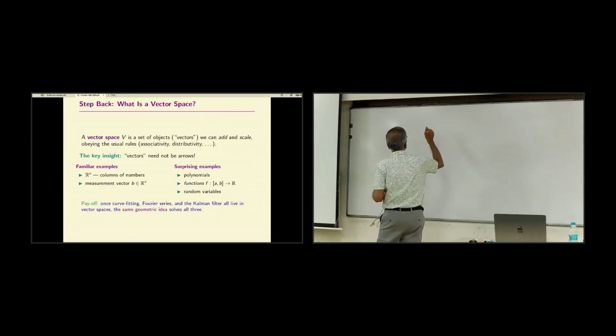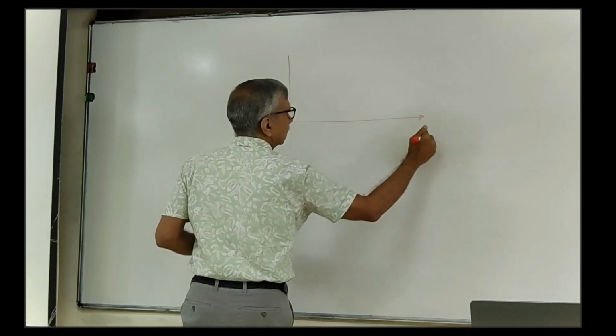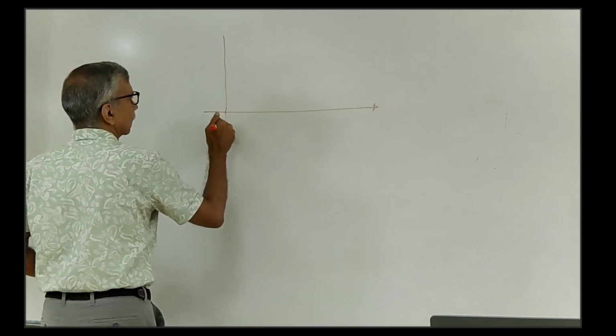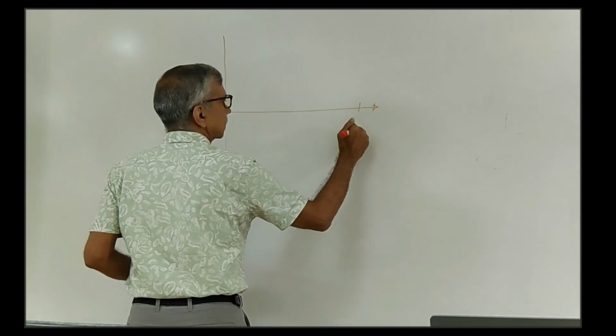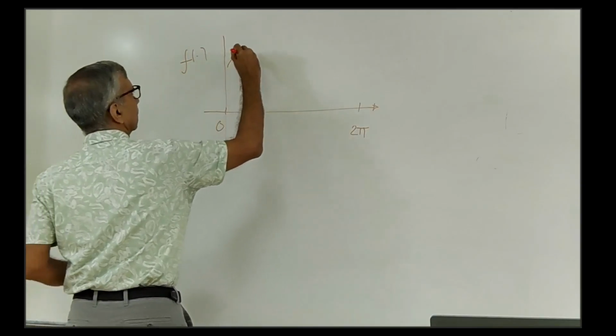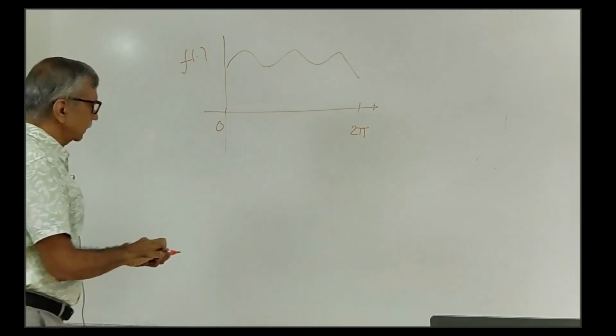So let's say I have this axis which has functions from 0 to 2 pi. So it's periodic, so this repeats itself after this.